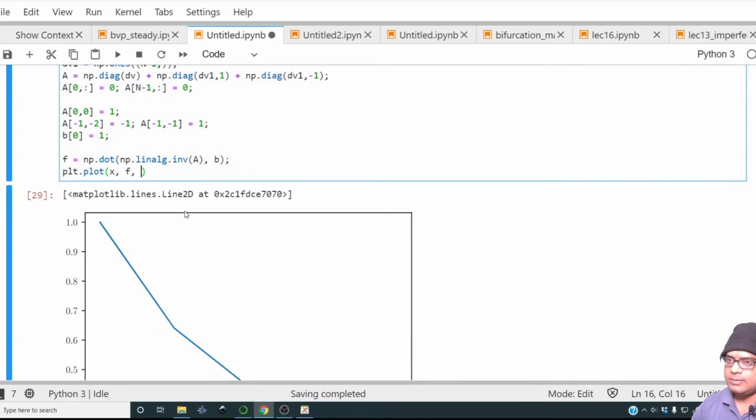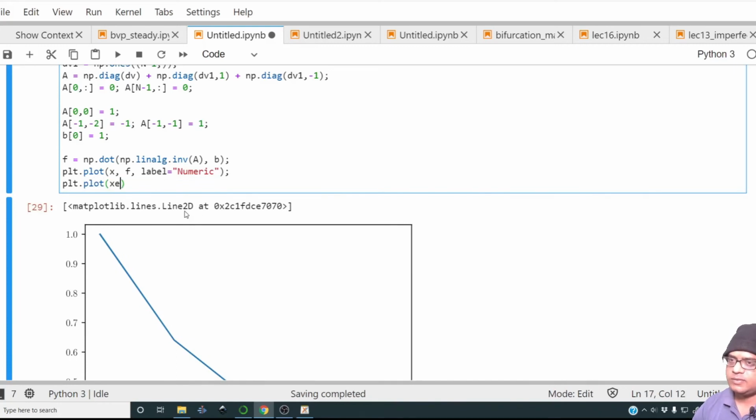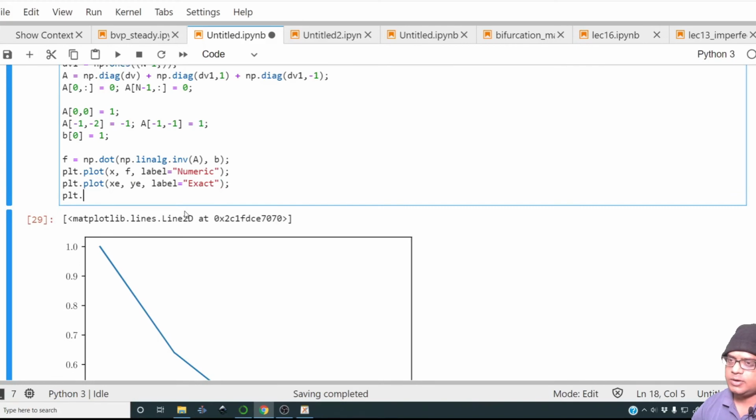So let me give this a label of approximate or numeric. plt.plot xe, ye, label equal to exact. plt.legend, plt.xlabel, x, plt.ylabel. This is going to be f of x.